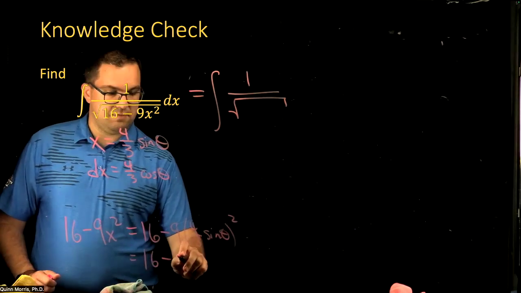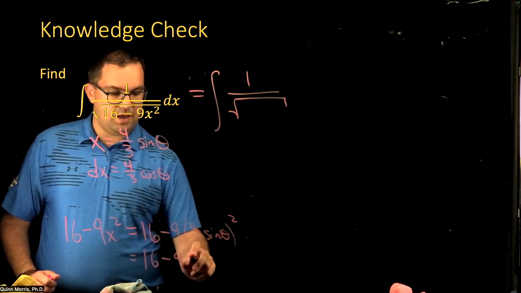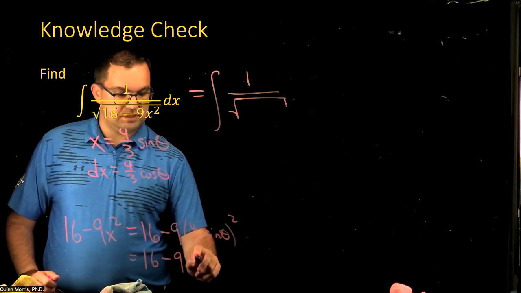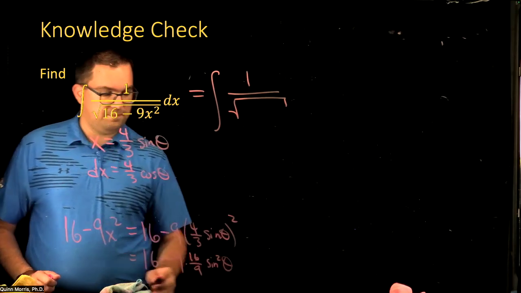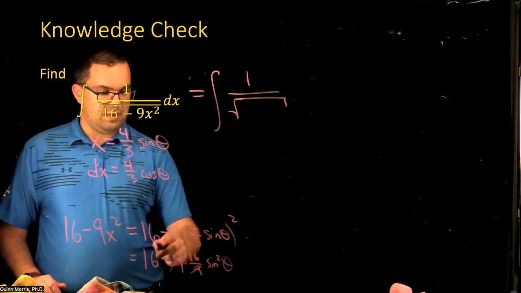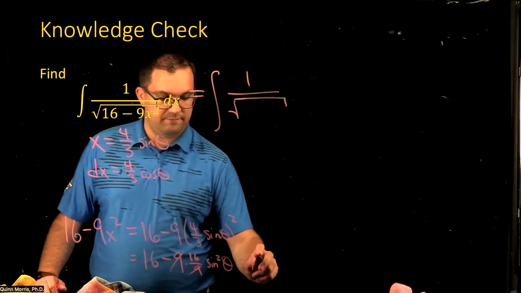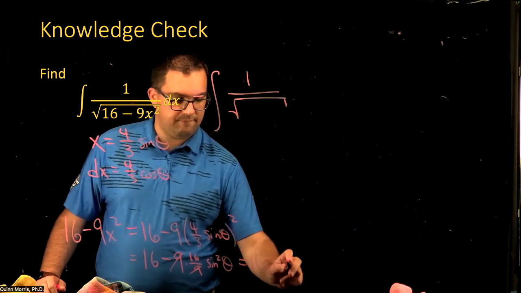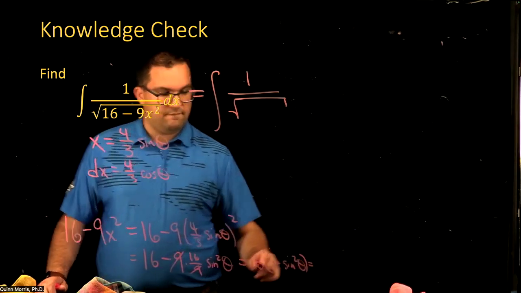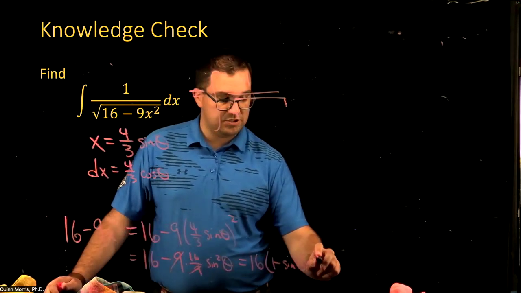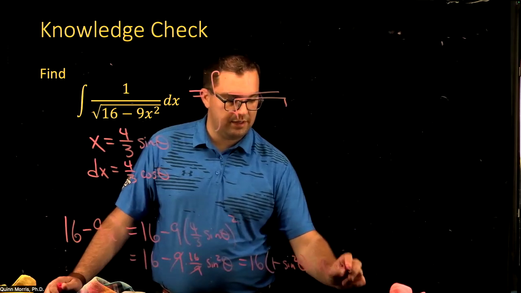It's going to be 16 minus, if I square this, I'll get 9 times 16 over 9 sine squared theta. The 9s will cancel. I can factor a 16 out. And 1 minus sine squared theta, that's just cosine squared theta, so I'll get this.